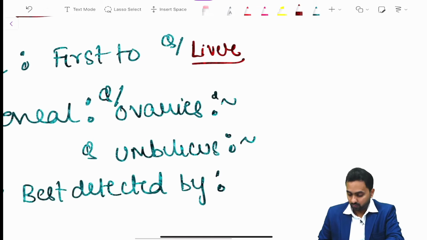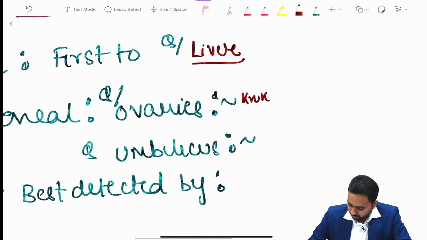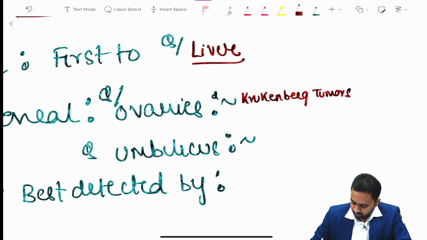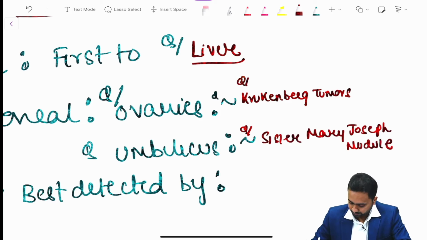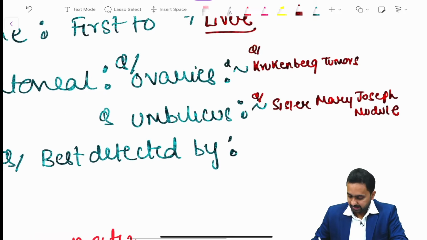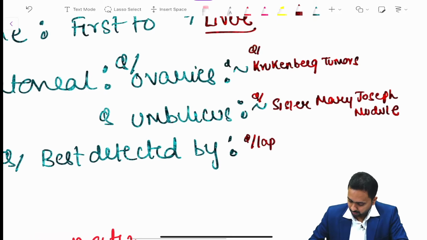So we have the ovaries, where they form Krukenberg tumors, and the umbilicus, which is the Sister Mary Joseph nodule, and they are best detected by laparoscopy.